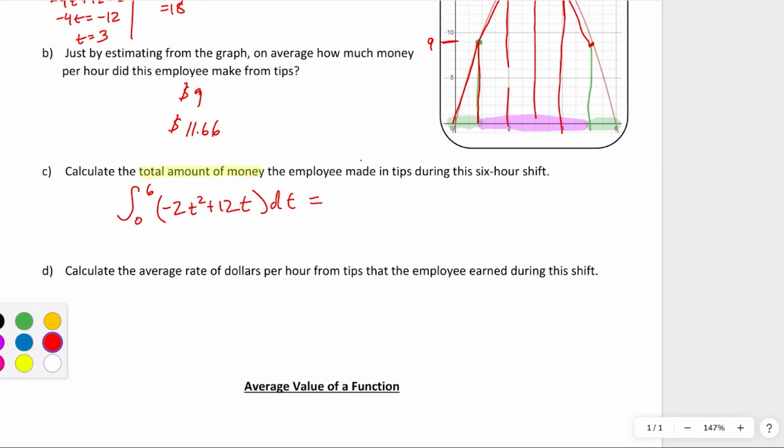We want to find the antiderivatives, which would be, what would that be?